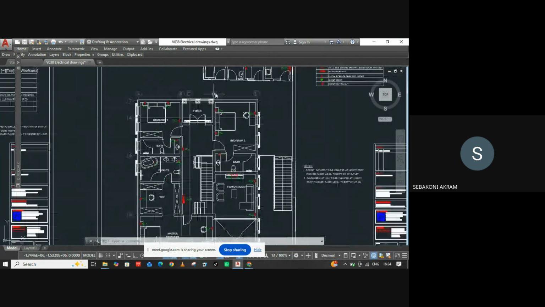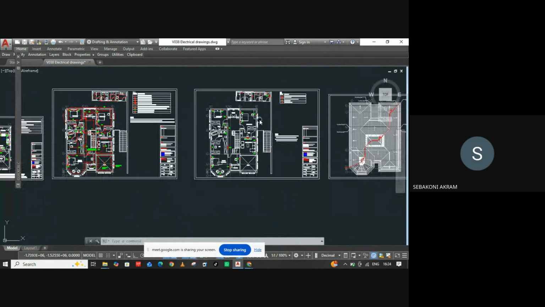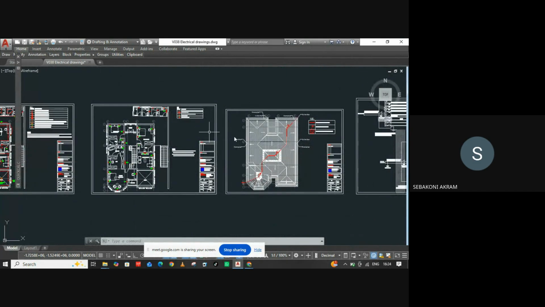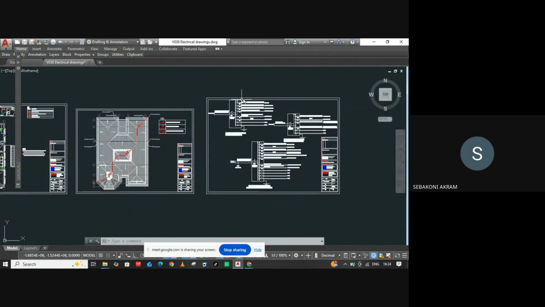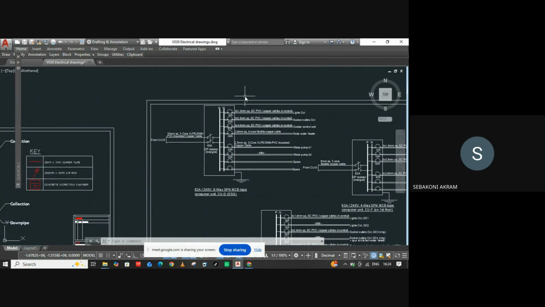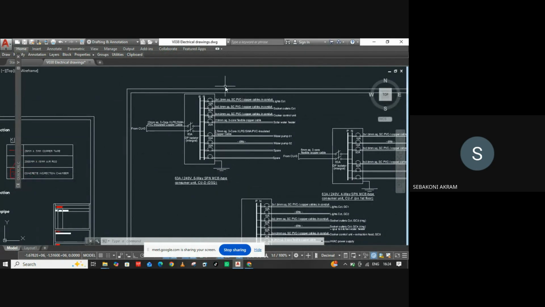Now we come to the circuiting. As I told you, this session is going to be rapid, so we come to the circuiting. Circuiting really requires you to know the background of cable sizing and load calculation. This is where our electrical engineering is.